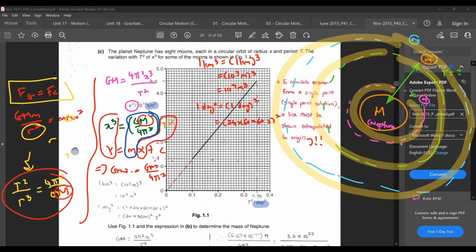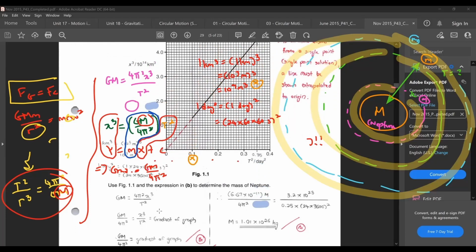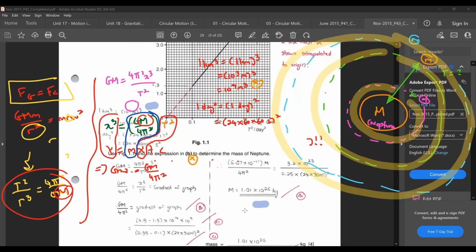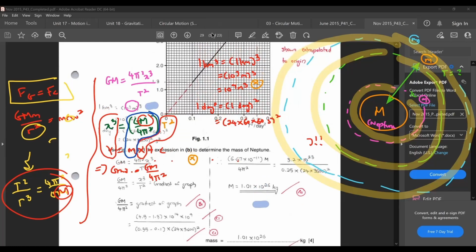So here, what you just need to do, pick 2 points from the graph. It could be this point and this point. Find the gradient, equate it to Gm over 4 pi squared. The working is like this.